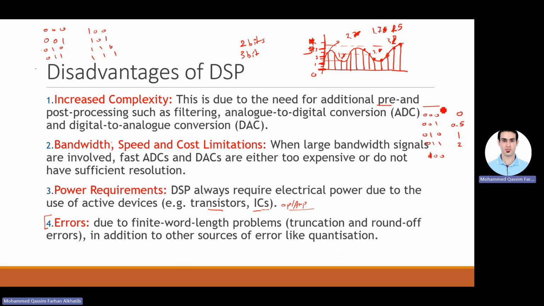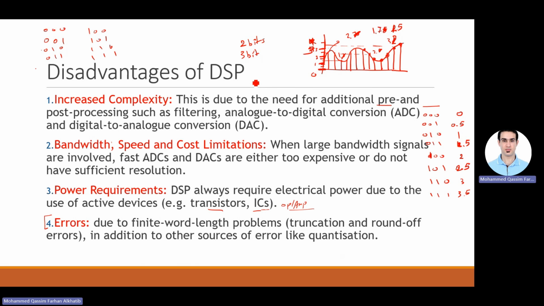So that's the encoding part. 1, 0, 1 is 2.5. 1, 1, 0 is 3. 1, 1, 1 is 3.5. So those are my 8 levels. So instead of restricting to only 0, 1, 2, 3, I have 0, half, 1.